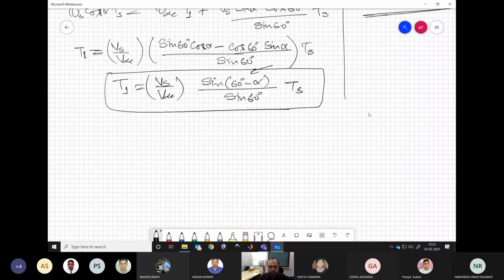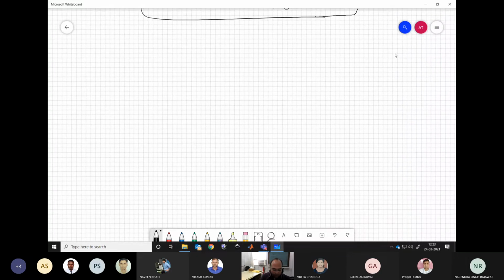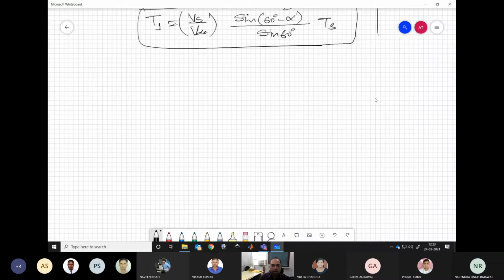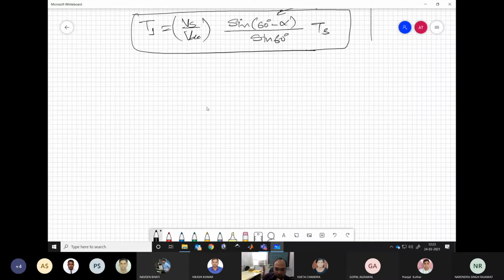Now what we can do, we apply these vectors for these time periods. So this we also call the dwell time for the vectors. For this much time, this voltage is applied.